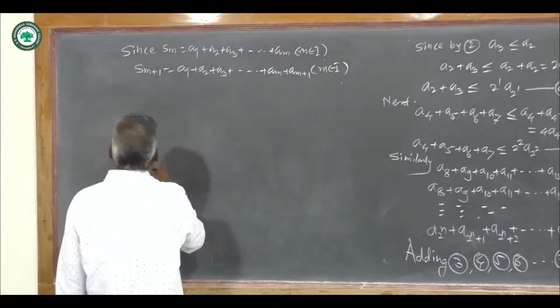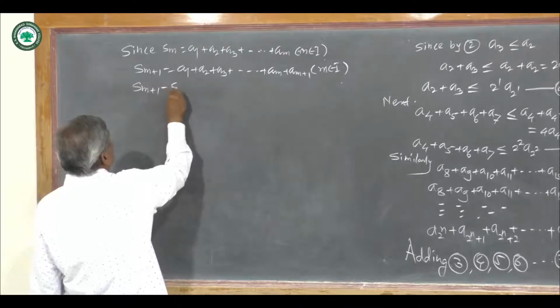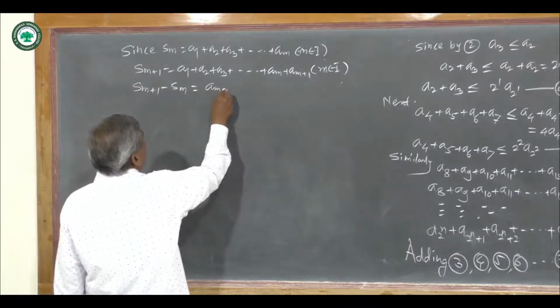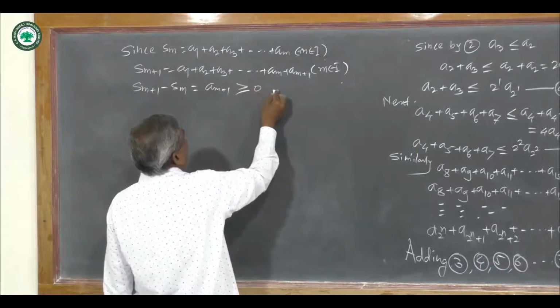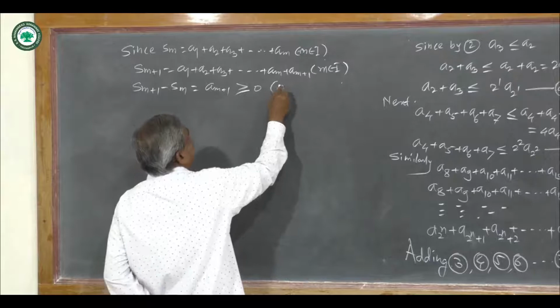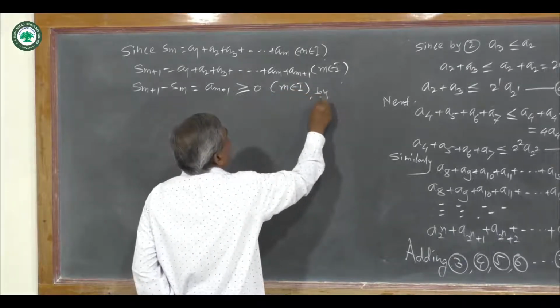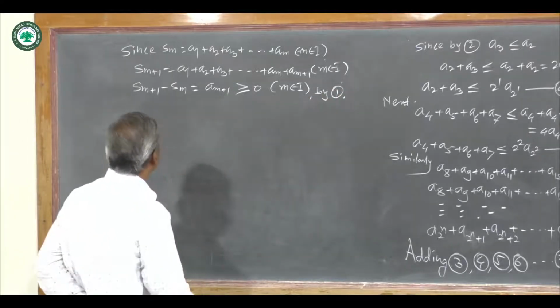S_(m+1) minus S_m is equal to a_(m+1), which is greater than or equal to 0 for all m belongs to I by hypothesis 1.